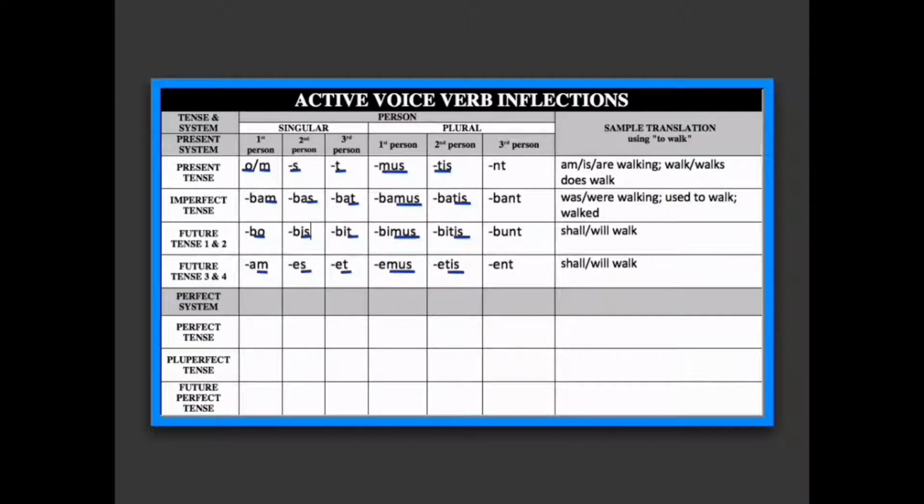We have finally arrived at the third person plural column, the last column of endings for verbs on our chart. The third person plural represents the pronoun subject they. Remember that in a sentence where you see the letters NT on a verb, you may use the pronoun they as a subject.